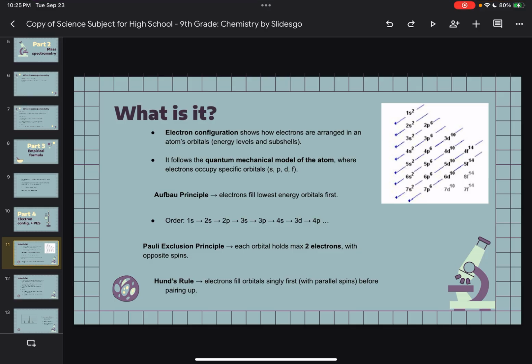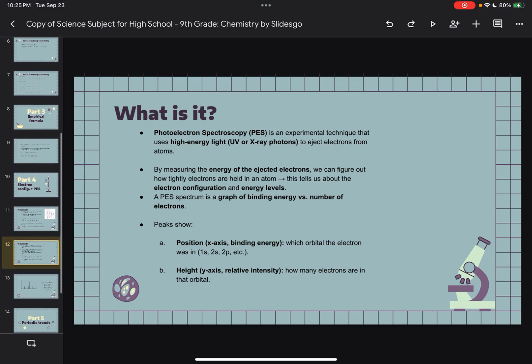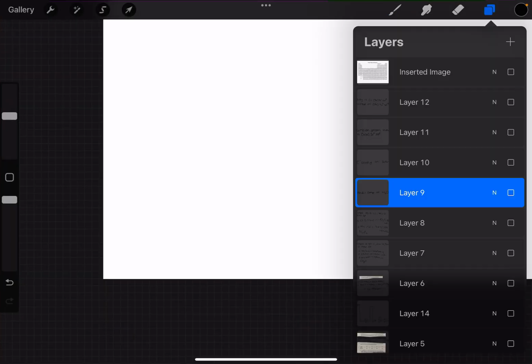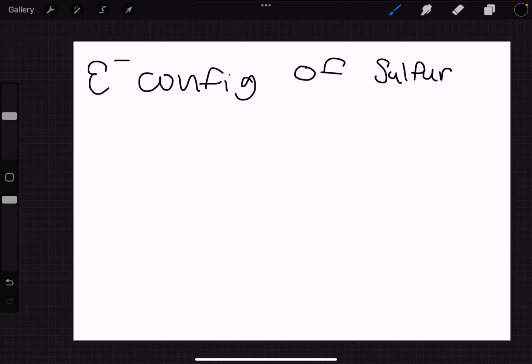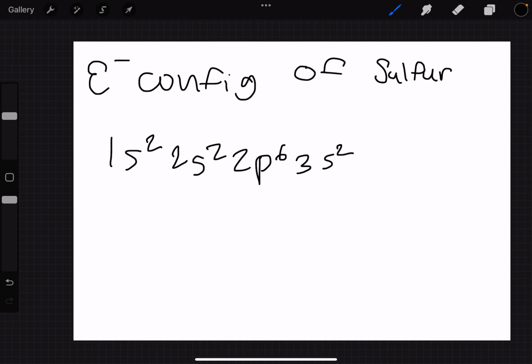So it's just, I'll draw it later. So essentially, for the configuration of sulfur, you have to go from the chart: 1s2, 2s2, 2p6, 3s2, 3p4.